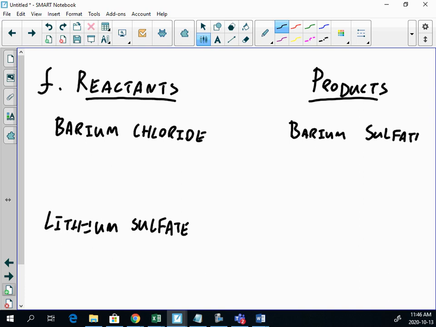but since this is a double replacement reaction, a reaction that involves 2 ionic compounds, 2 salts, trading partners, we can easily figure out that, okay, we took care of the barium, we took care of the sulfate, so we must have lithium chloride as our other product.